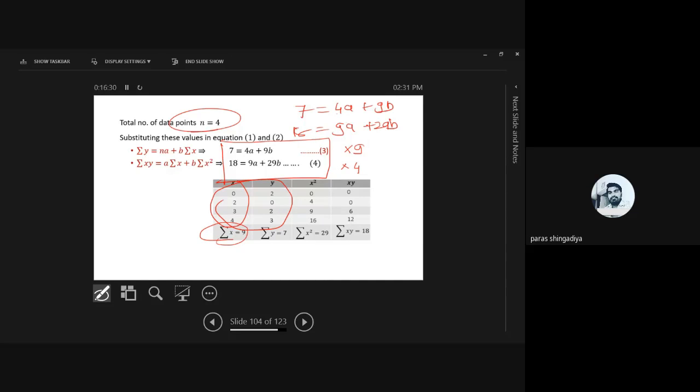Then the second value is 2 and 0. It's the second pair, so press 2, 0, and then press M plus again to store the second one. After that in the calculator there will be n = 2, which means 2 values are stored. Then the third is 3, 2.